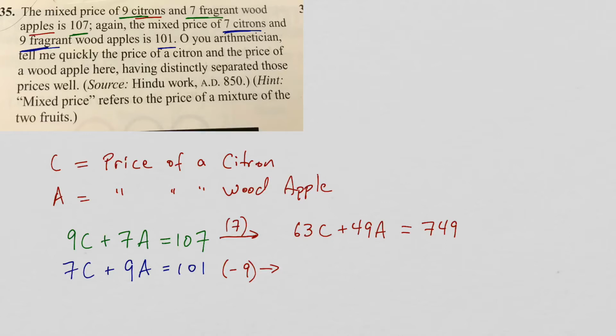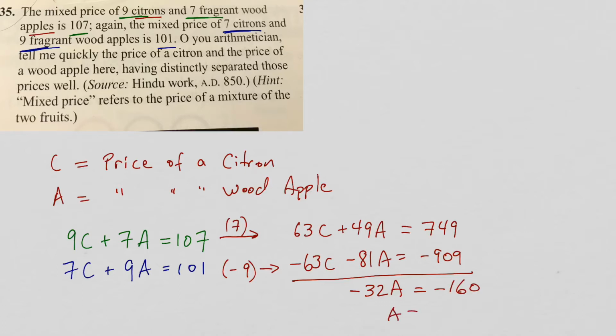When I multiply this, I get negative 63C minus 81A is equal to negative 909. And I add these together, and it looks like I get negative 32A is equal to negative 160. That tells us that A is equal to 5.